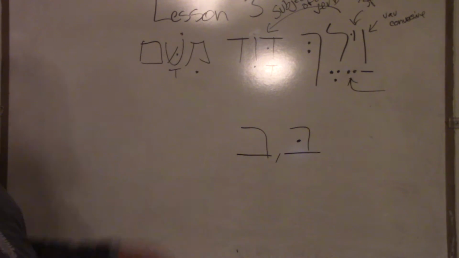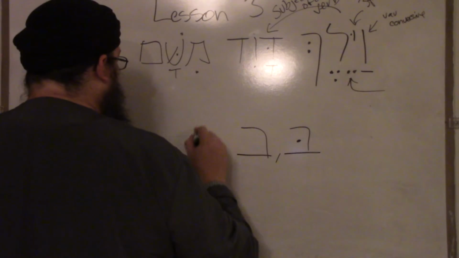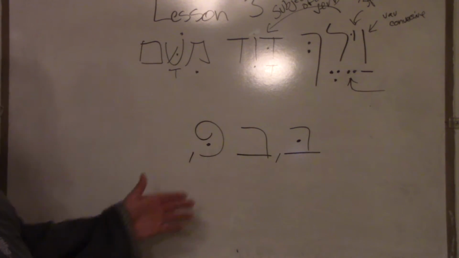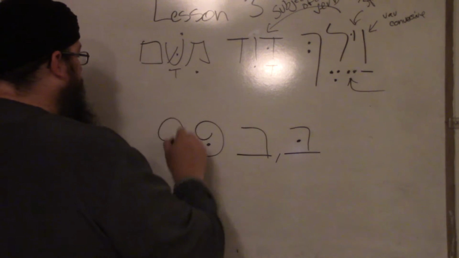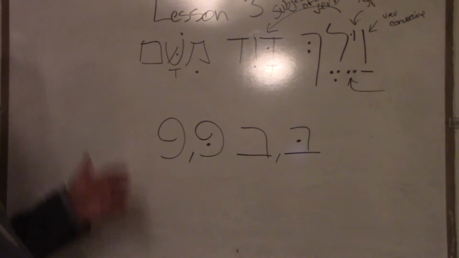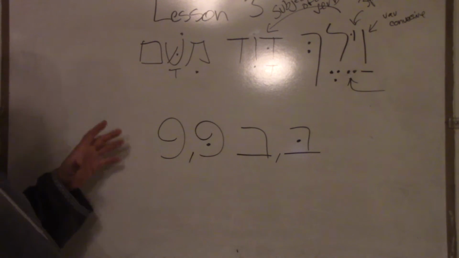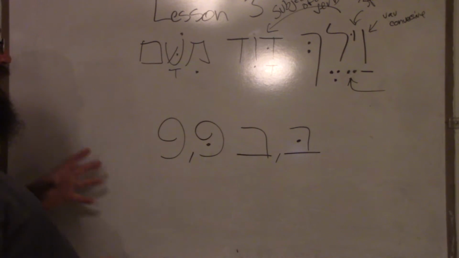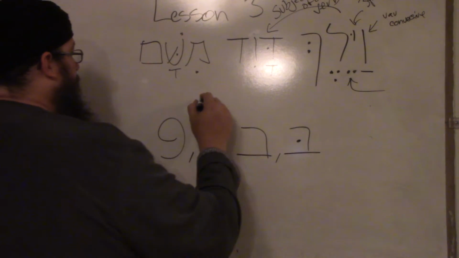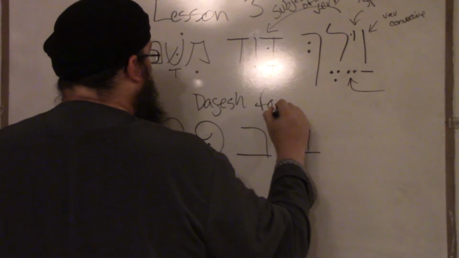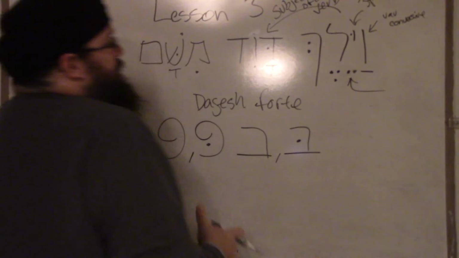So it's vet. We have pay. Pay, if I take away the dagesh, now it becomes an F sound, as in fey. And this here, as we're looking at this, describes what we call the dagesh forte. Alright, what does it mean? This means a hard dagesh.